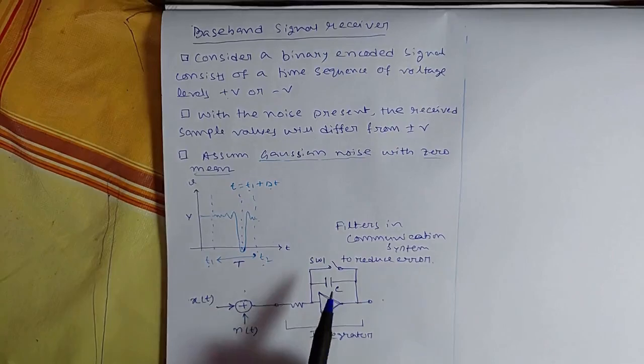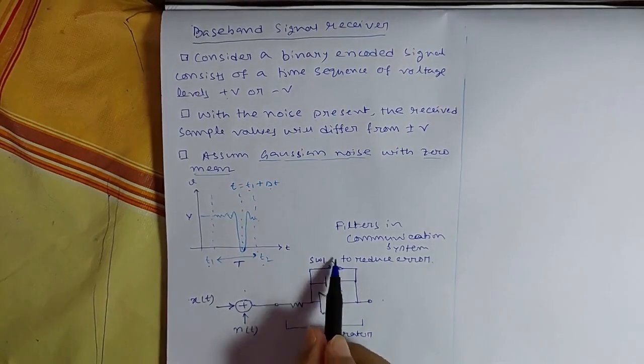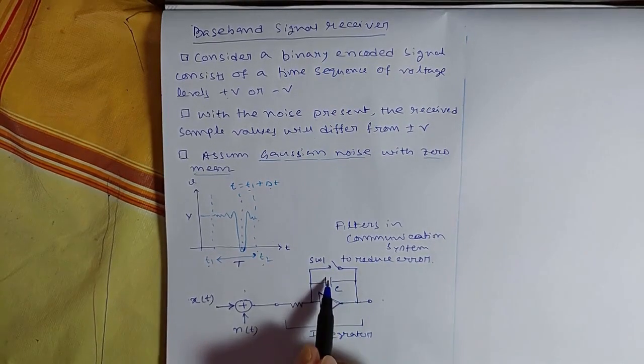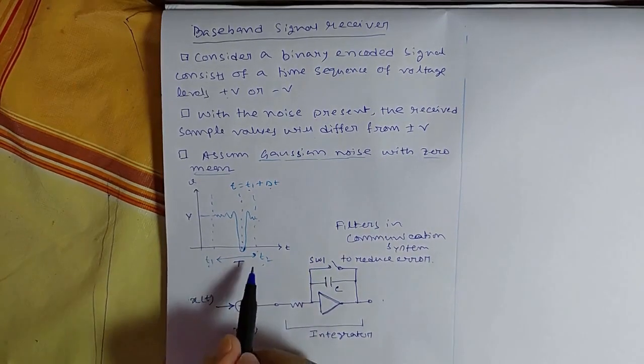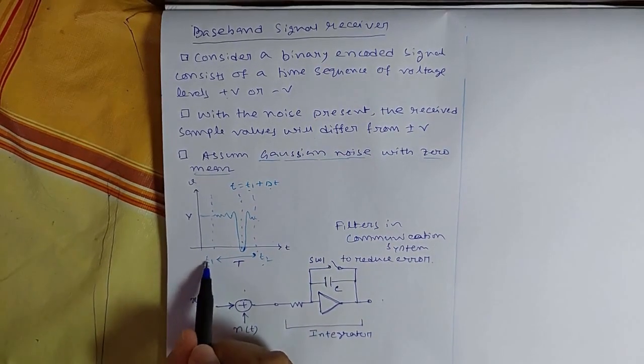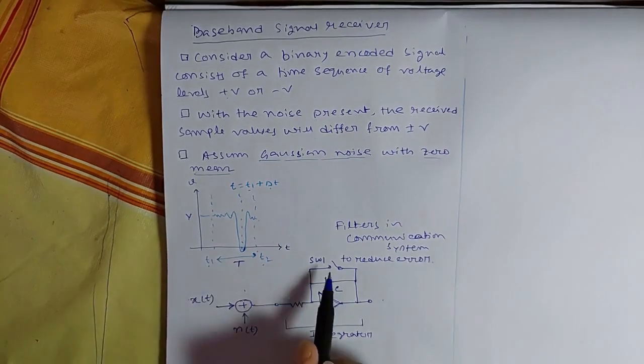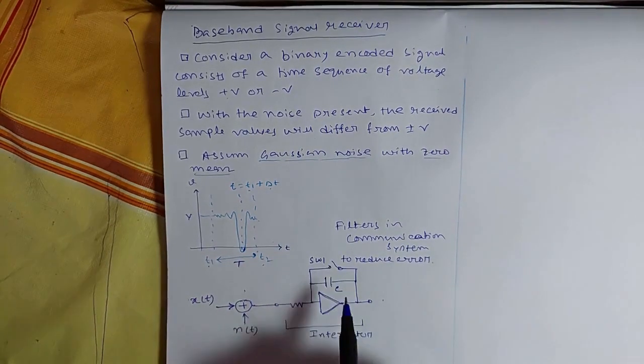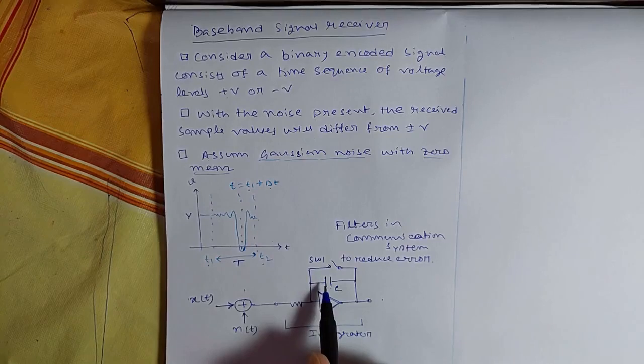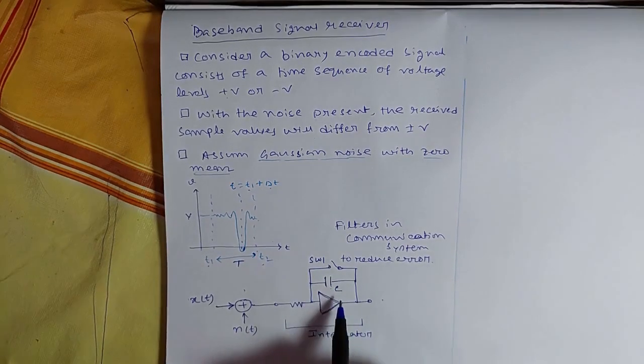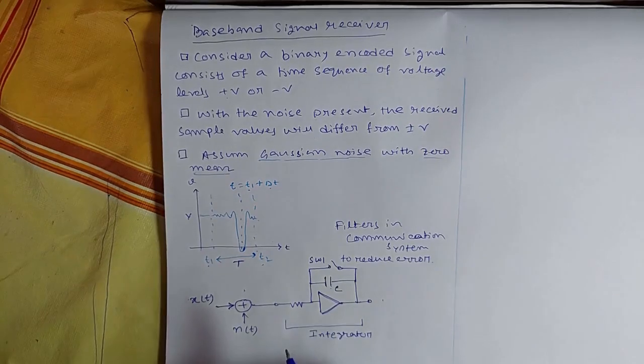So that switch will discharge the capacitor after the bit interval. Maybe at the beginning of t1, this will close, and it will discharge the capacitor completely, so that the new integration doesn't have any influence from the past integration.